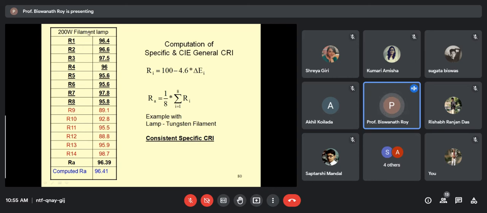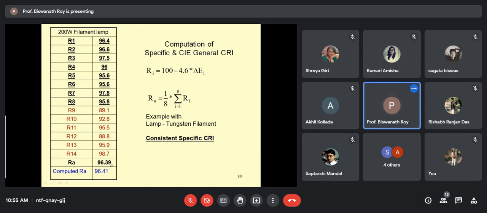So what is happening, see, if we have this spectral power distribution of a test light source, this is calculated mathematically. And look at this. For 200 watt filament lamp, we know that it is warm white color, and the standard illuminant A is taken.